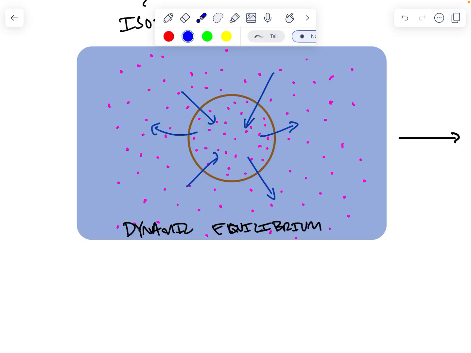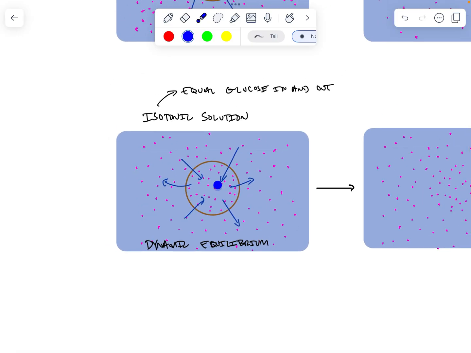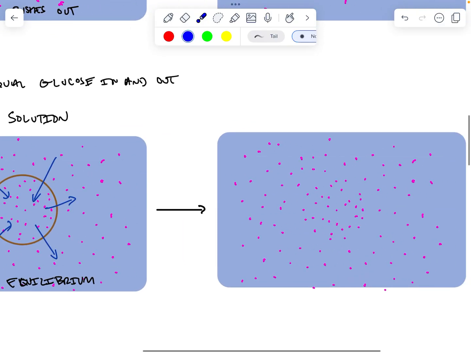So water is still moving in, but water is also moving out. It's moving in and out at the same rate. And as a result, on net, when we sum up all this inward movement and all this outward movement, it's zero movement on net. So this is dynamic equilibrium. Water's still moving, but the concentration of the glucose is not changing relative to the outside, because inward motion and outward motion are balanced.